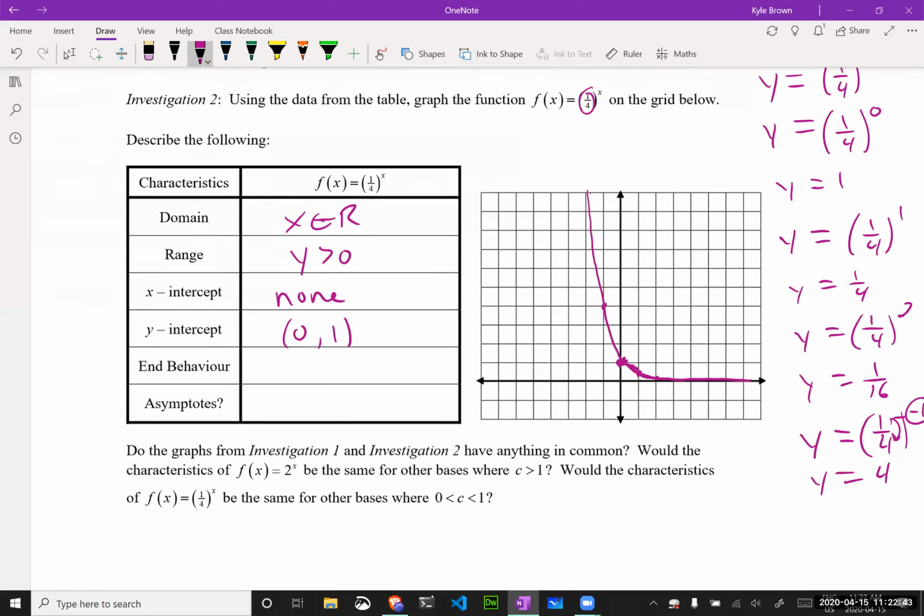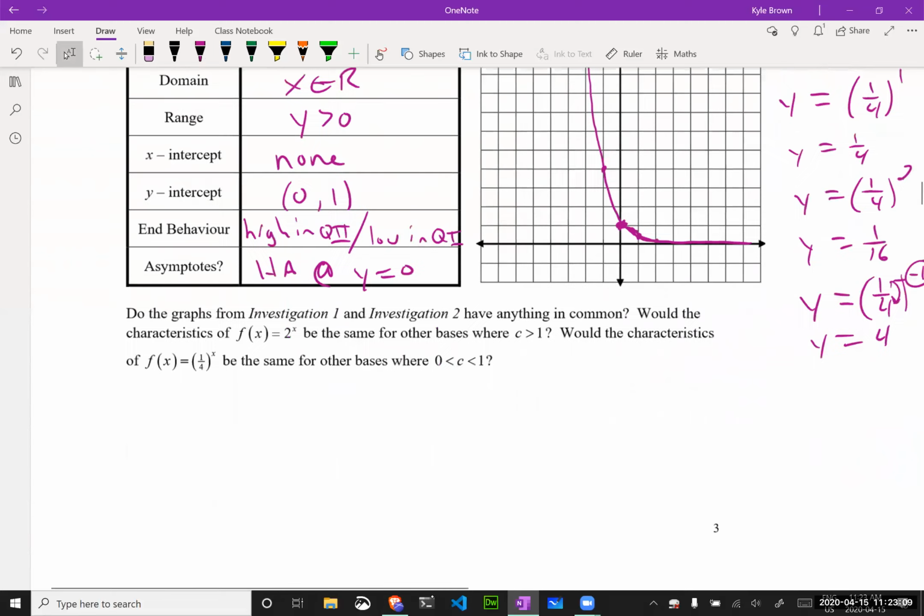The end behavior: you'd say high in Q2, quadrant 2, and low in Q1, quadrant 1. And then for the asymptotes, we still have a horizontal asymptote at y is equal to 0.